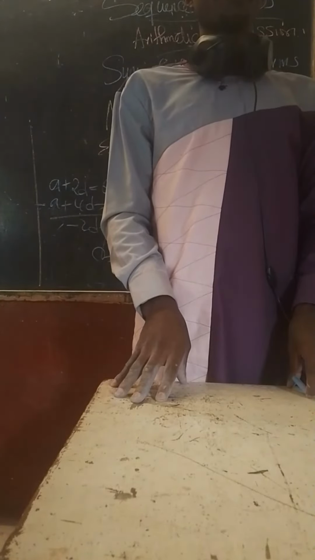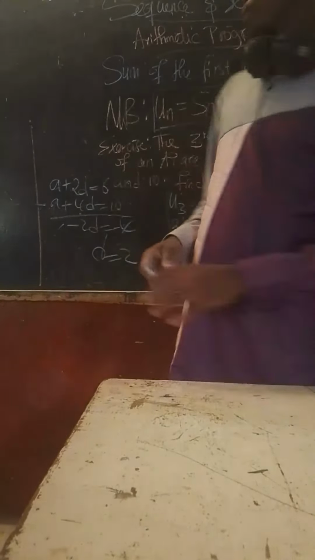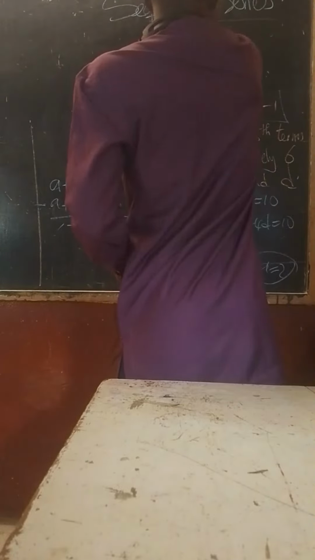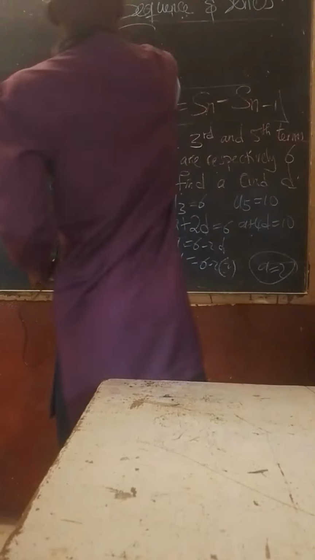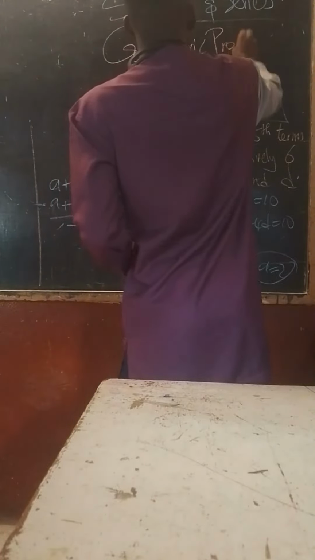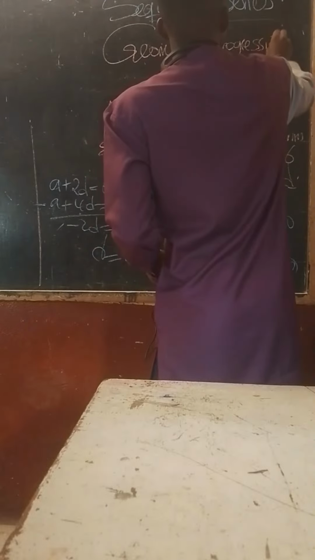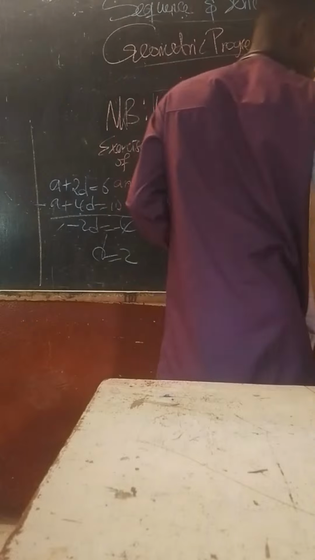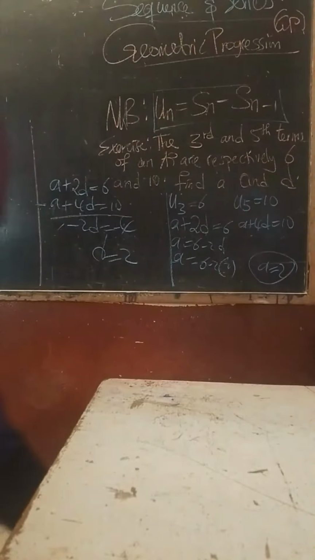We are good now. GP. We said the common difference is 2 and the a is 2 now. It's okay.